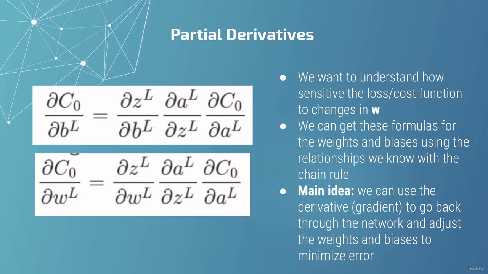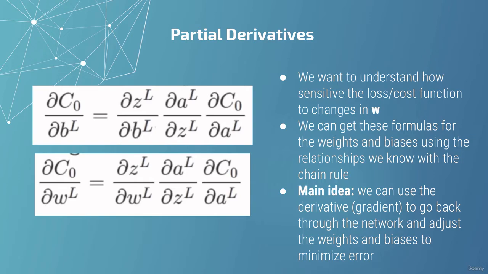So these formulas might look pretty complicated, but they're simply saying how we get the parts of the cost function, and we relate that with the derivative of the cost function. So it's saying that the derivative of the cost function with respect to the biases of the last layer is equal to the derivative of Z^L with respect to the biases of the last layer, times the derivative of A^L, times the derivative of the cost function.